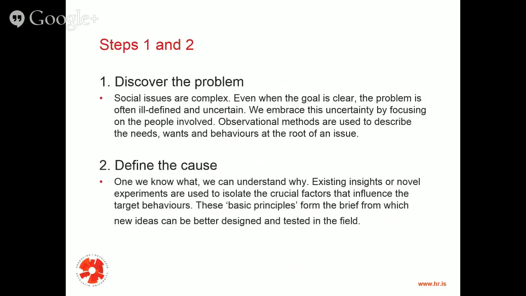So you can see the different phases here, how they explain this. Why do we need to discover the problem and define the cause? We do that in the first part of the diamond.